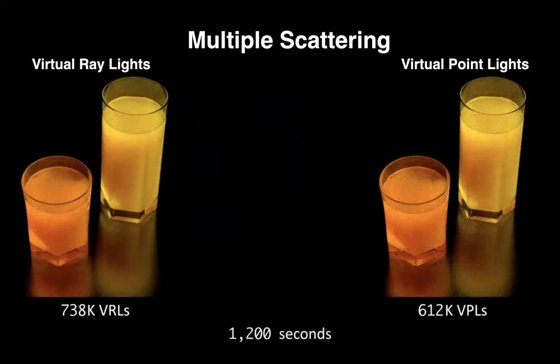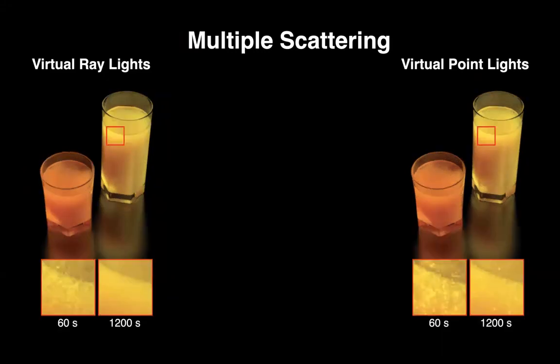But in the case of the corresponding virtual ray lights, there are no such singularities. So the energy is well spread. As you can see in these insets, the fireflies are visible after 60 seconds in the case of VPLs, and even after 1200 seconds. But in the case of VRLs, this was not the case.